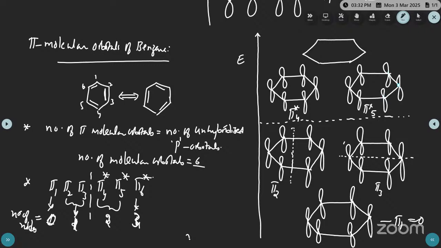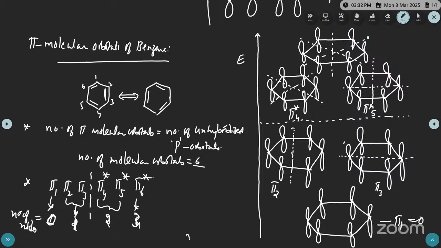The 2 nodes can be maintained like this, or it can also be maintained like this. In this one, through the bonds like this, and in this one, through the bonds, all through the bonds like this. So we have to draw the nodal planes this way.